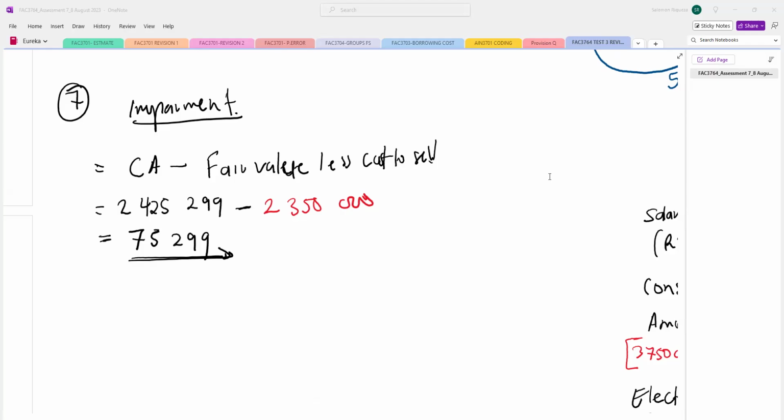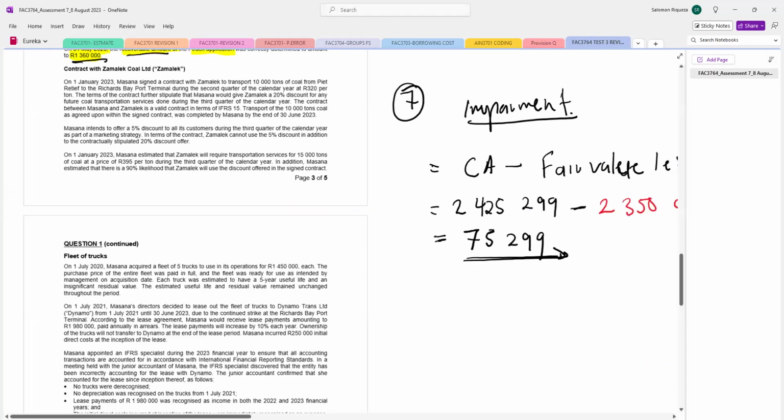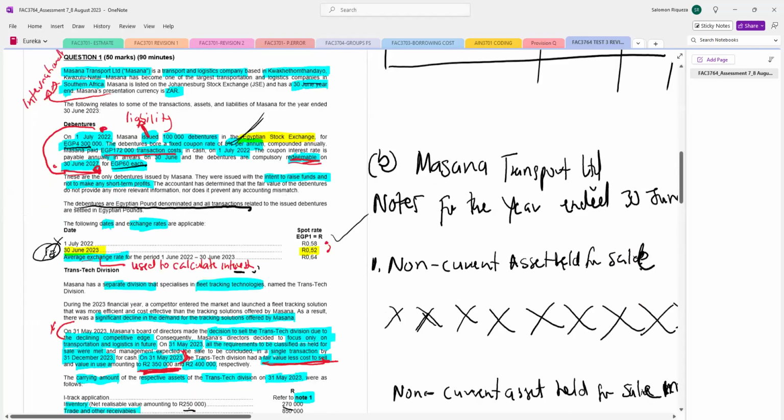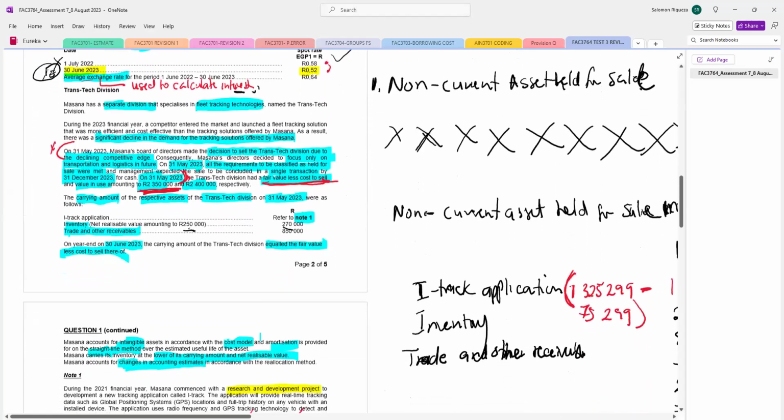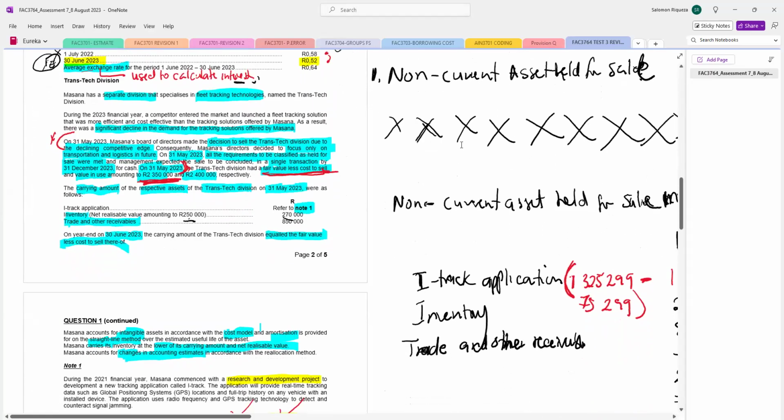There's the impairment calculation. Do you want something there? How did we get the 2,350,000? It's given in the question. It's the fair value less cost to sell. It's in the beginning. You have to go back to where the trunks division started. Here. Oh, I used the wrong amount. Sorry, thank you. All right.